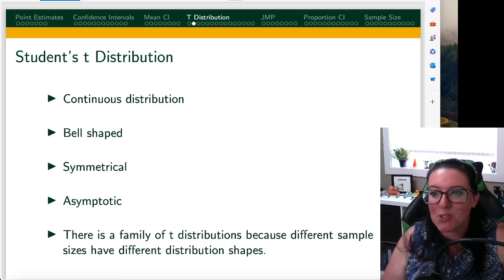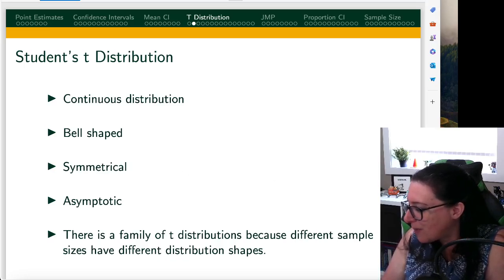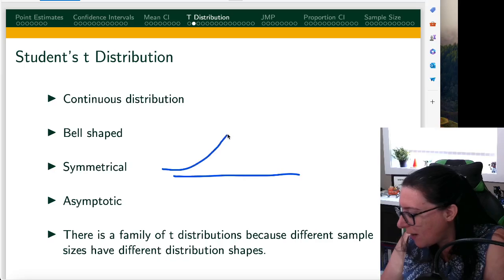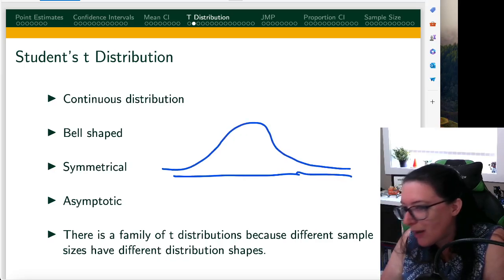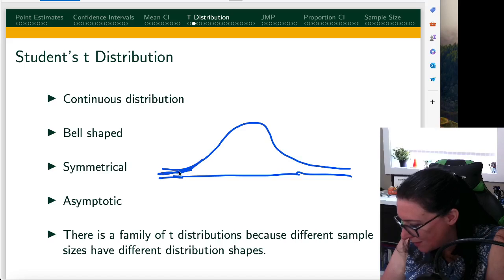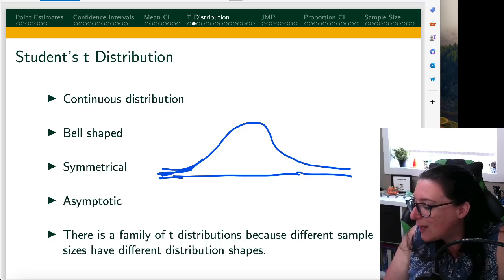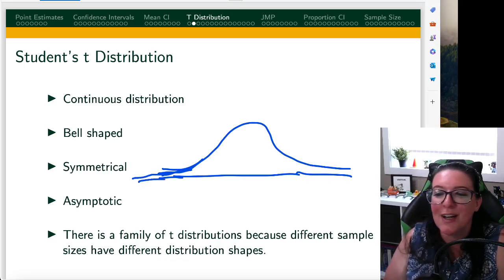It is asymptotic. Do you remember what the term asymptotic means? We talked about it previously. When we talk about asymptotic, we're talking about these tails here getting closer and closer to the axis but never touching. My drawings are always terrible because mine show them go back up. They don't go back up. They get closer and closer and closer but never touch.